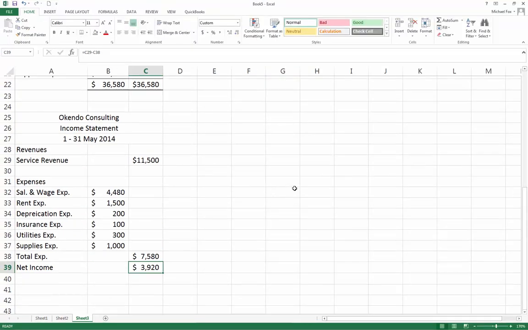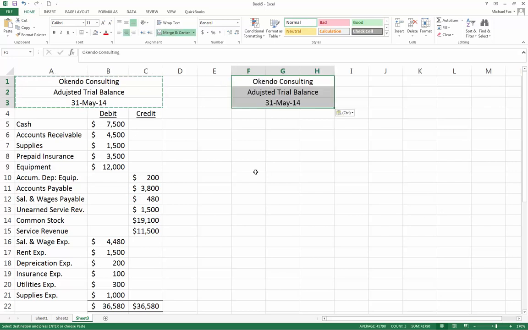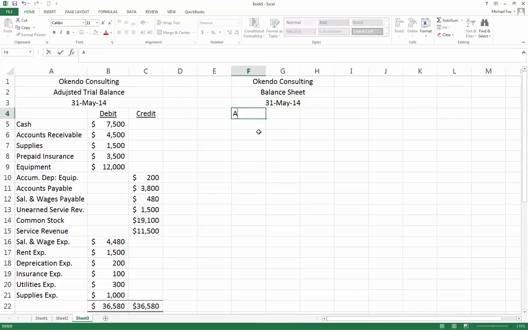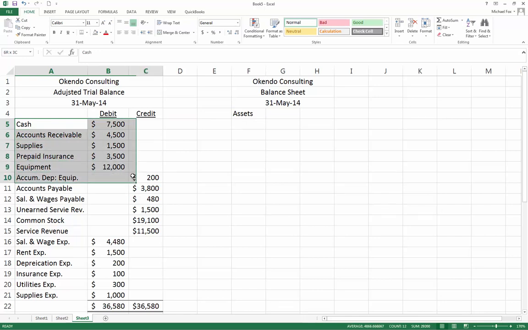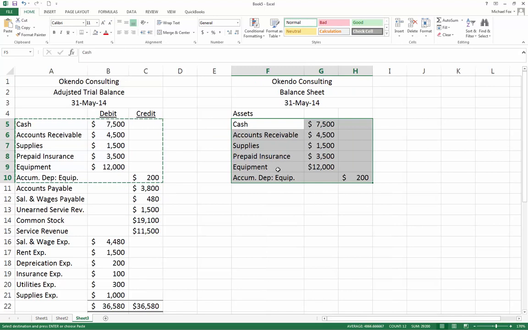To do a balance sheet, we'll just do it over here for simplicity's sake. Do balance sheet. Same idea. I'll do my assets, and then I'll just copy and paste my asset accounts. I may do a little bit of formatting.